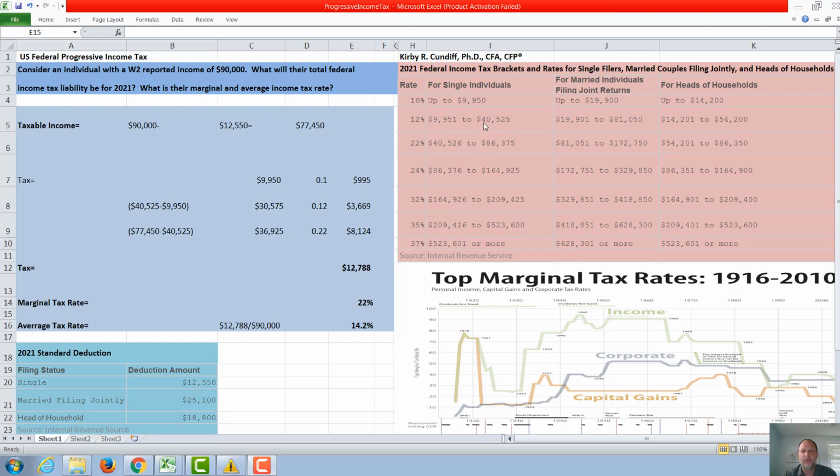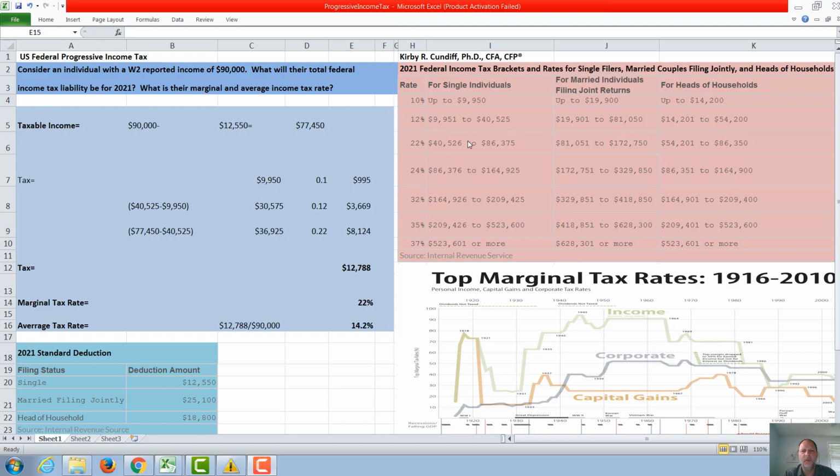The next bracket is $40,525 minus the $9,950, that bracket includes $30,575, which is taxed at 12%. So in that bracket, they pay $3,669.